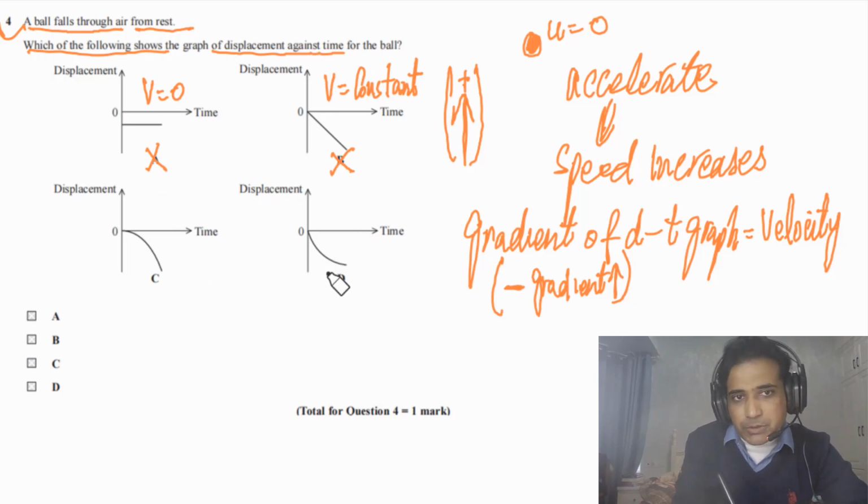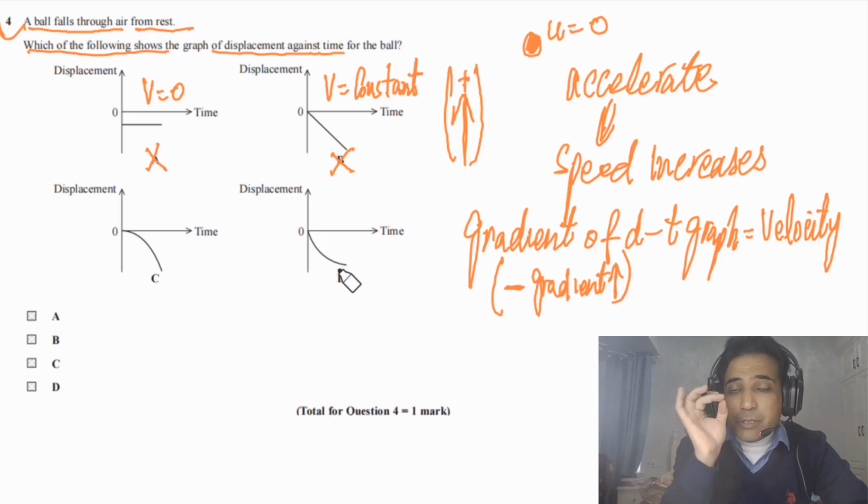Now if you look at option D, the gradient of this one is decreasing. So this is telling us speed is decreasing. Even if we consider the effect of air, speed is increasing. Speed will reach a terminal velocity, but speed is not decreasing. Acceleration is decreasing, but the speed is not decreasing.